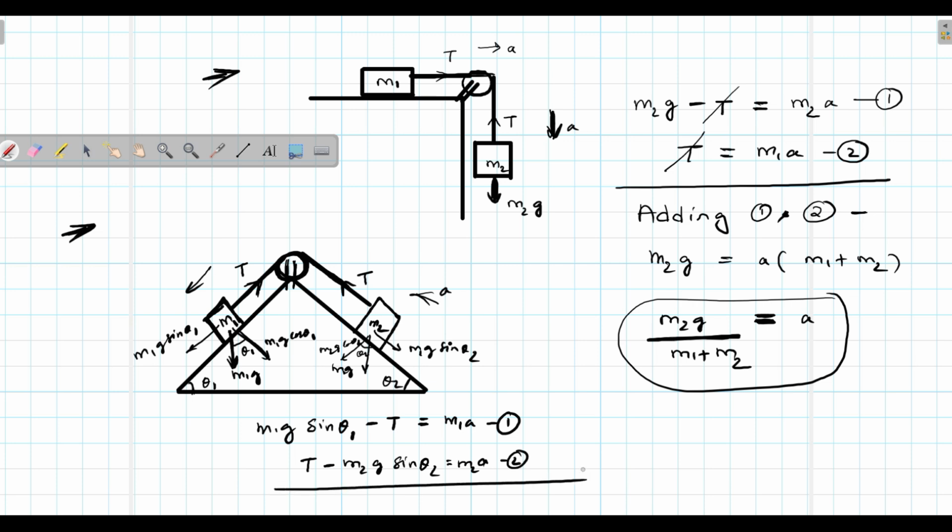So adding 1 and 2, T gets cancelled. M1G sin theta 1 minus M2G sin theta 2.